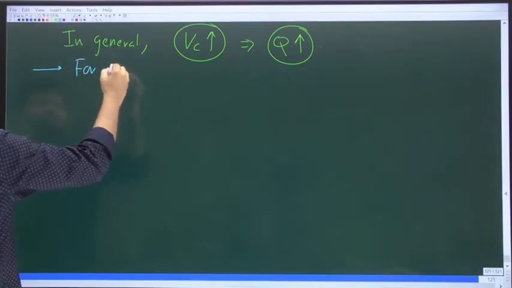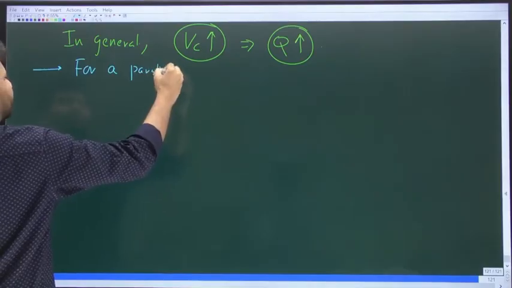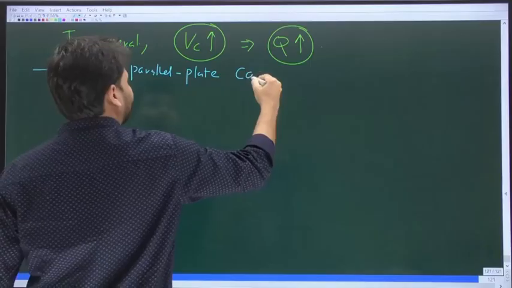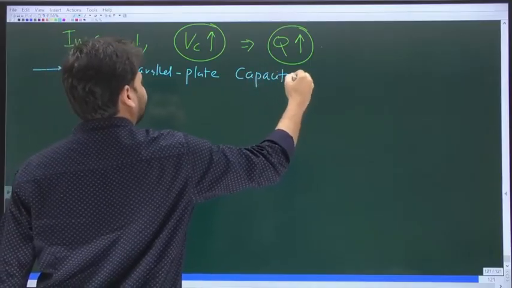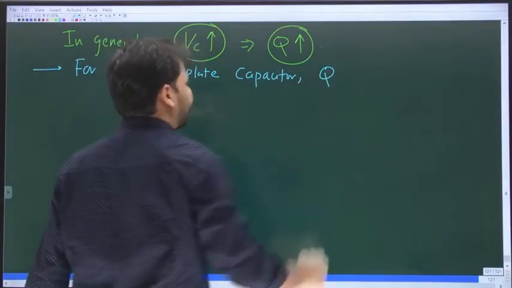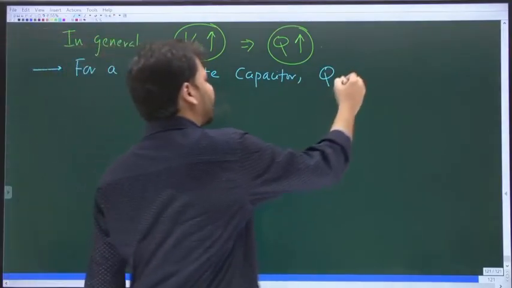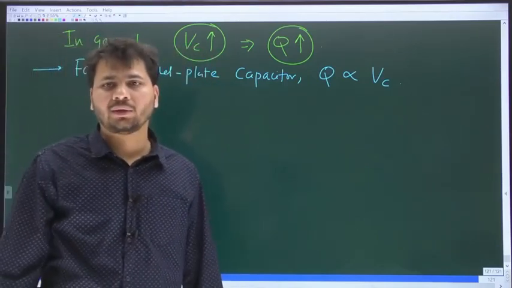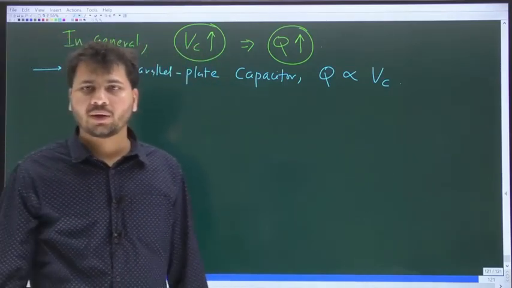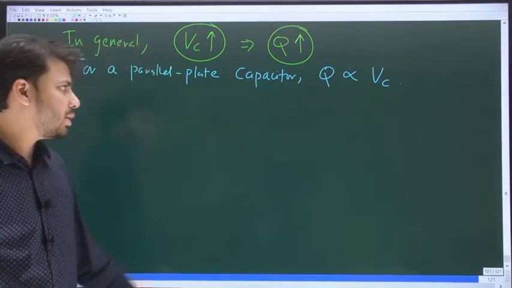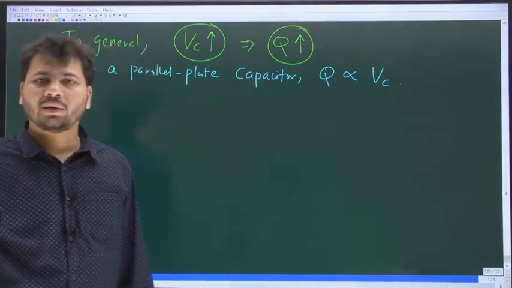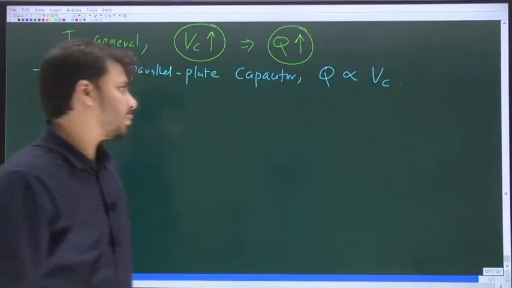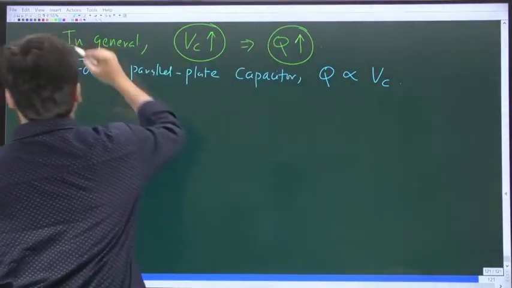For a parallel plate capacitor, the charge stored in the capacitor, Q, is directly proportional to the voltage across the capacitor. Q is proportional to VC. Is it not a linear relationship between the charge and the voltage across the capacitor? Yes.